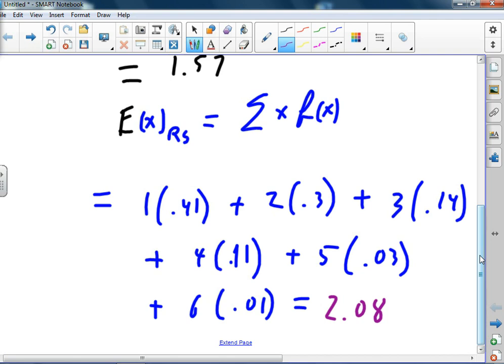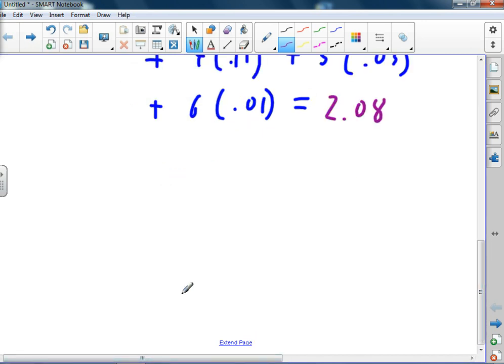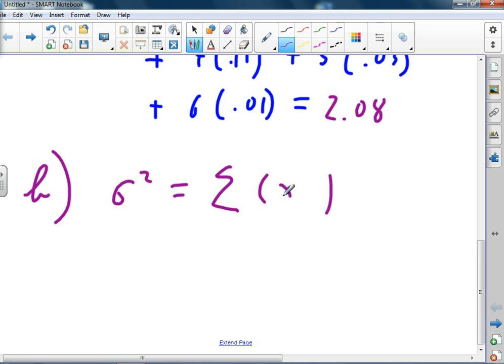The B question, what is the variance of the number of persons living in each housing unit? The variance. Okay. For B, we want the summation of the difference between the mean and the value squared times the function.